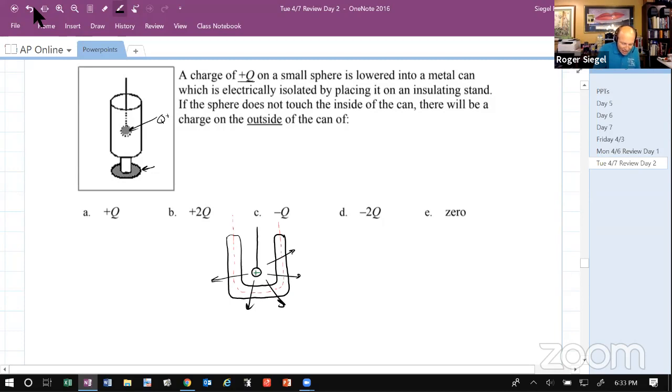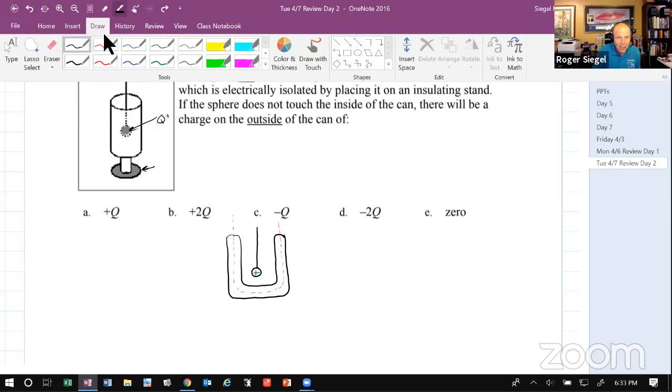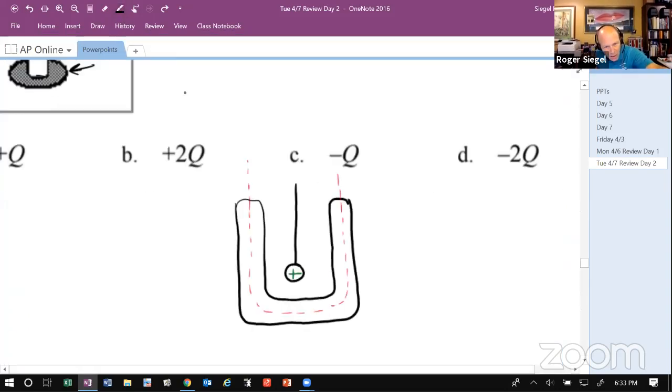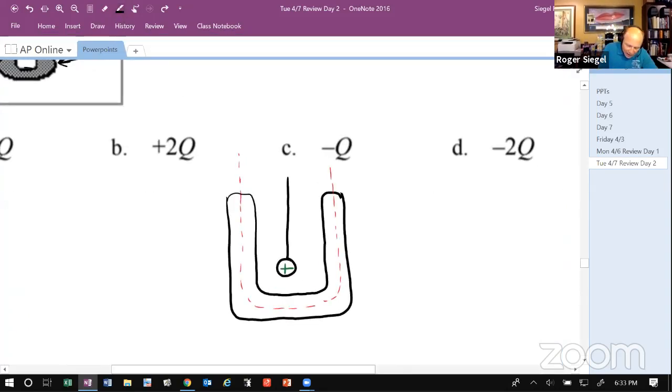But that's not what happens, because there are other charges. And so what's going to happen? Well, there's no shortage of negative charges, because they're electrons. They can go anywhere. So a bunch of negative charges are going to move to the inside surface of this can.